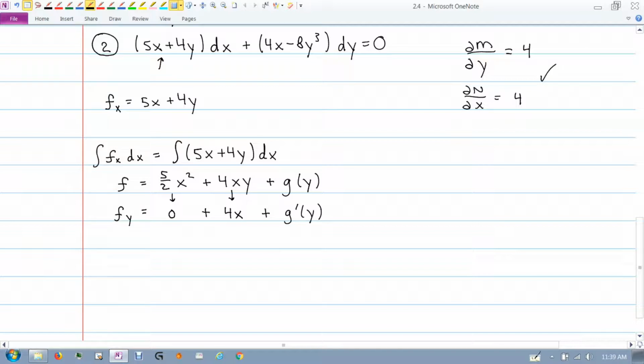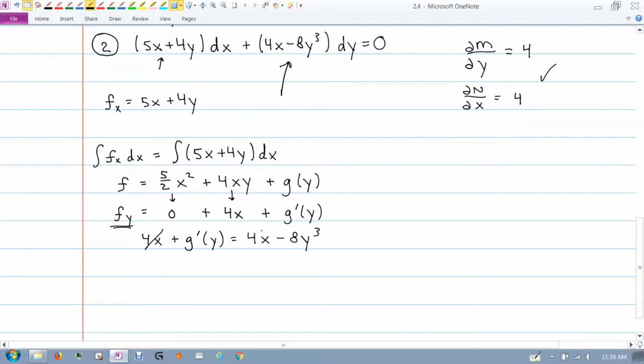Now, we need that this entire thing be equal to this right here. So we set them equal to each other. So 4x plus g prime of y must equal 4x minus 8y cubed.